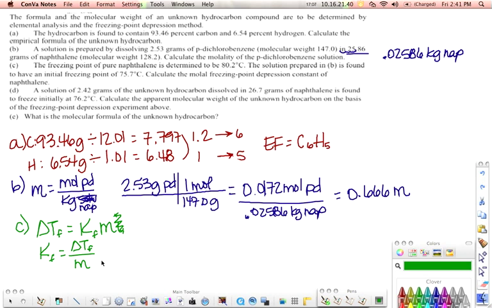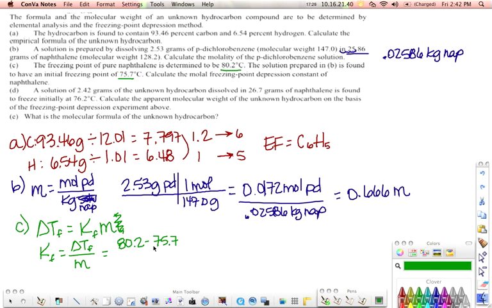First, to find the change in freezing point, they said that the pure naphthalene is 80.2 and the new solution has a freezing point of 75.7. So the change in temperature is going to be the 80.2 minus the new freezing point of 75.7.